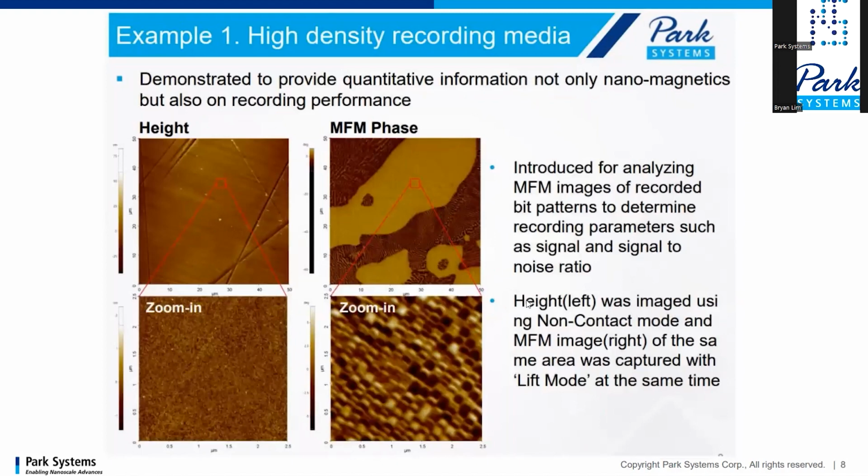In this recording media, if you zoom into the phase image, you can see the recorded bit patterns, and you can see the signal to noise ratio. You capture both height and MFM phase in one image.